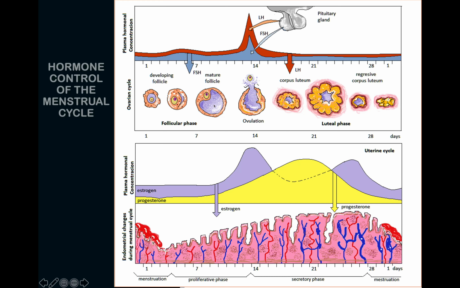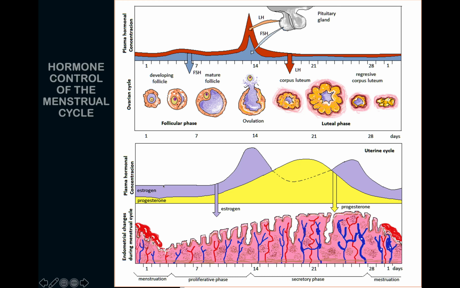Inside each of these follicles is a developing ovum, right? And when these ova are growing and maturing, they are busy producing increased amounts of estrogen. So when these follicles are busy producing estrogen, we'll find that the estrogen levels are starting to rise.